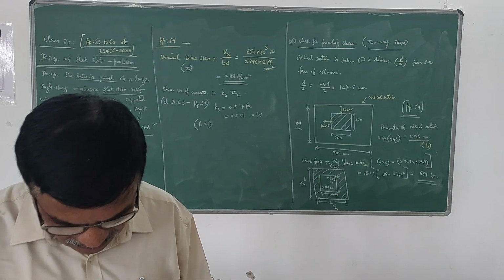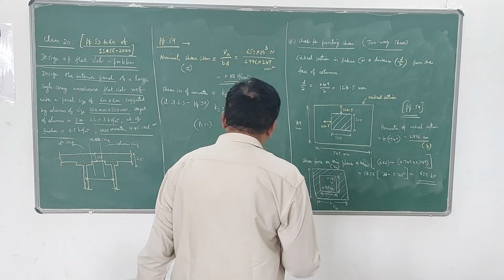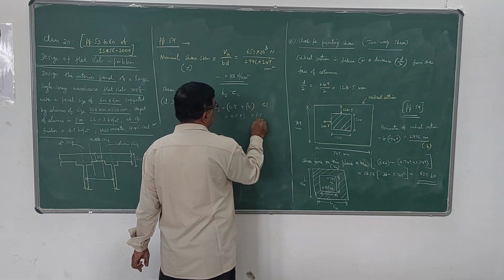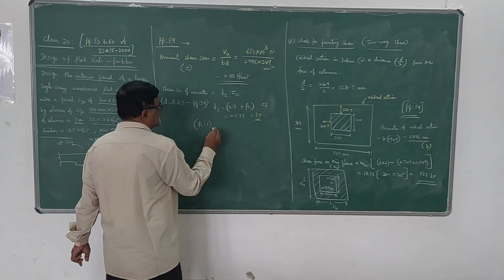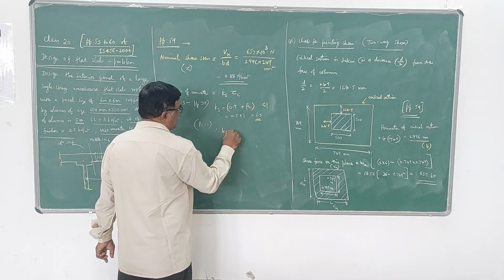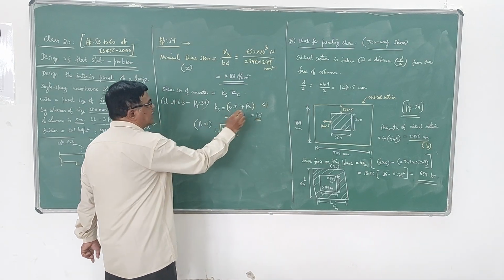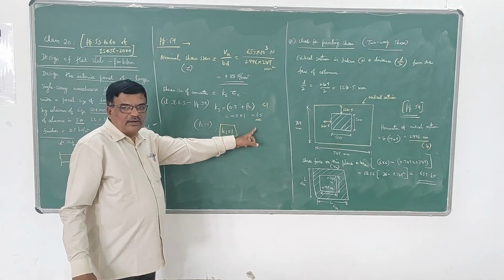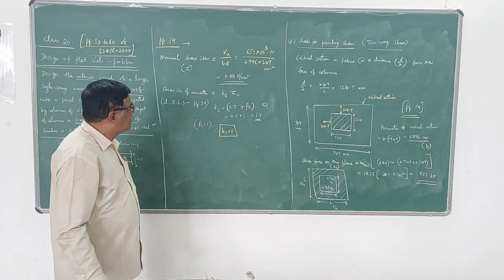He has given the condition that it should not be more than 1. Since you are getting more than 1, it is restricted to 1.